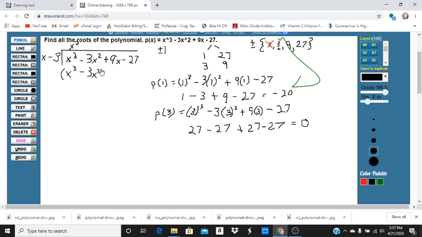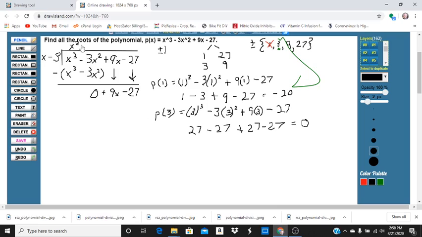We're going to subtract this off. x cubed minus x cubed is 0, and minus 3x squared minus minus 3x squared is 0. And then we bring down the plus 9x, and then bring down the minus 27. Now, how many times does x go into 9x?